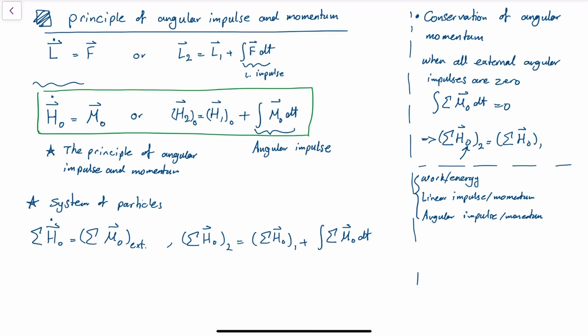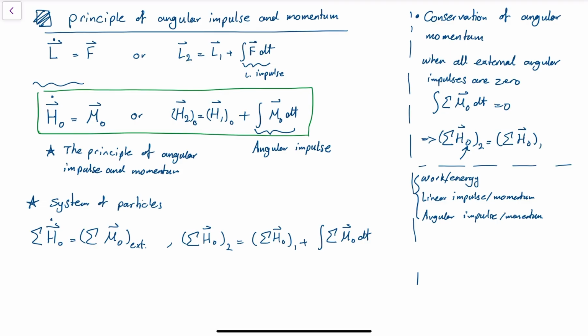It is possible that energy is conserved, but the other momenta are not. It is possible to have linear momentum conserved, not angular momentum. It is possible to have angular momentum conserved, not the other ones. So they are unrelated to each other. And that actually gives you three separate tools, each one of which may be applicable to a certain part of a problem, and combining them together gives you a whole lot of range to solve problems.